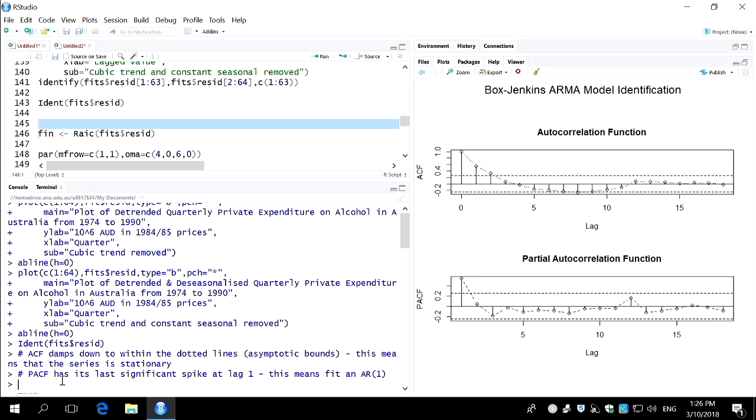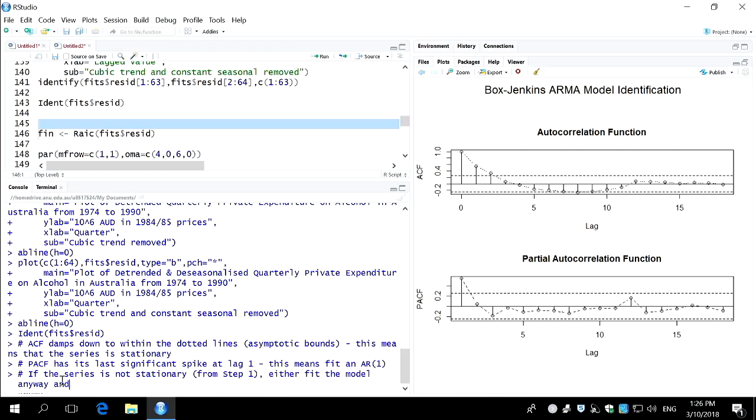Sometimes if the original series is not stationary, the differenced series is. Okay? So, if the series is not stationary from step one, either fit the model anyway and see if the problem goes away. Okay, that technique does sometimes work, more often than you would think.